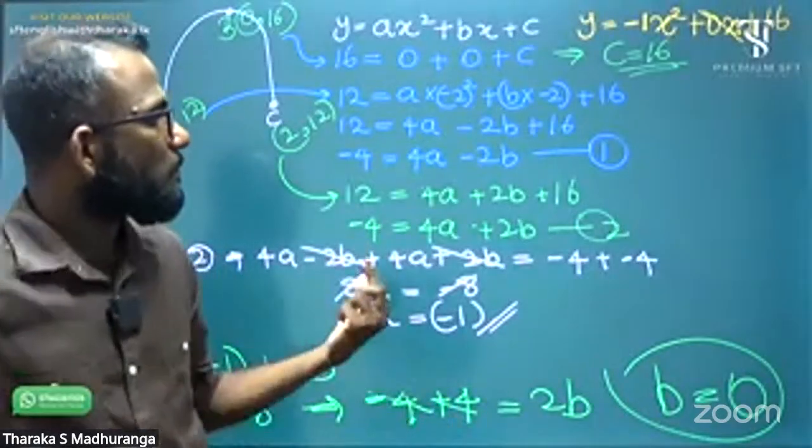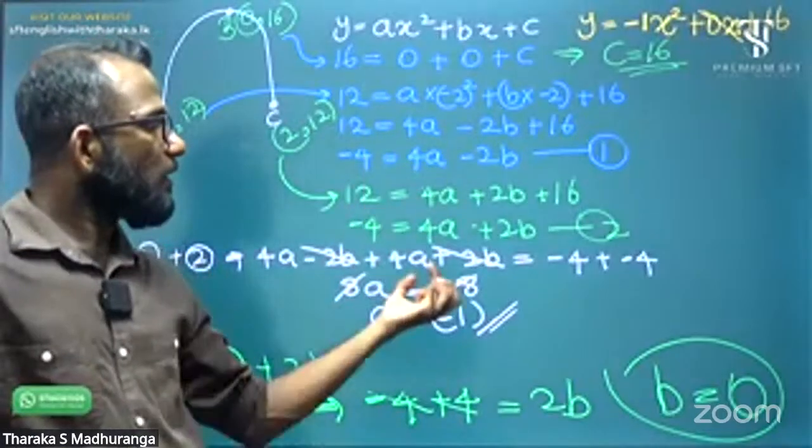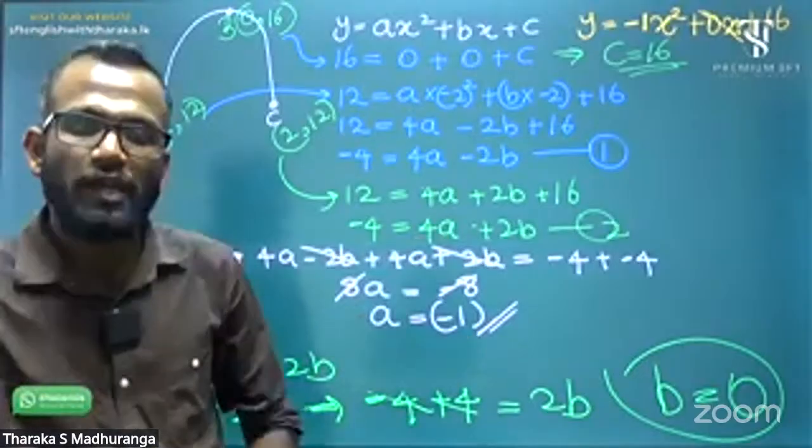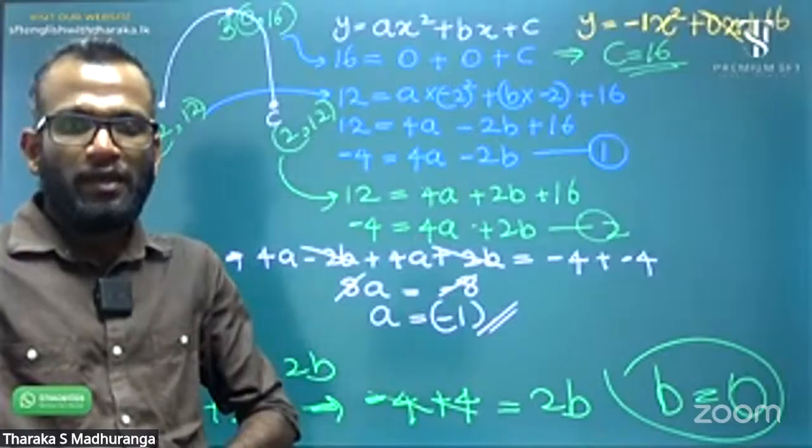Okay, Madhu. Solving the first and second simultaneous equations, we can get the two unknowns A and B. Simple. Okay.